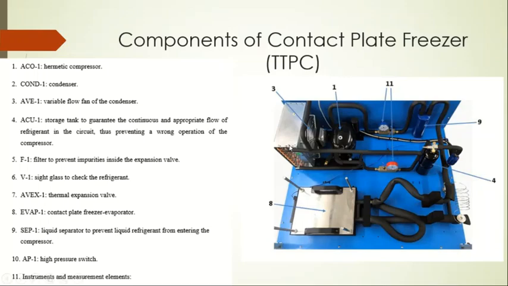So if this flow rate is reduced or increased, definitely that directly impacts the condensation process of the refrigerant. So it is attached with the VFD, and you can vary its flow rate by regulating its speed from 0 to 100% in that manner.